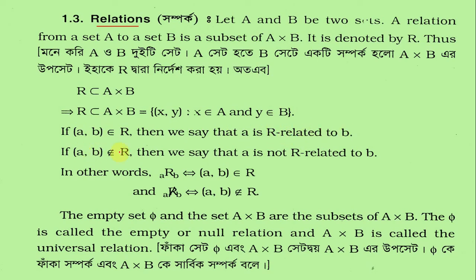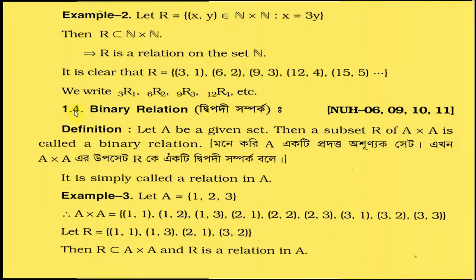If (a, b) does not belong to R, then we say that a is not R-related to b. In other words, a is related to b if and only if (a, b) belongs to R, and a is not related to b if and only if (a, b) does not belong to R. The empty set phi and the set A cross B are subsets of A cross B. The phi is called the empty or null relation and A cross B is called the universal relation. I hope all of my students understood this discussion.